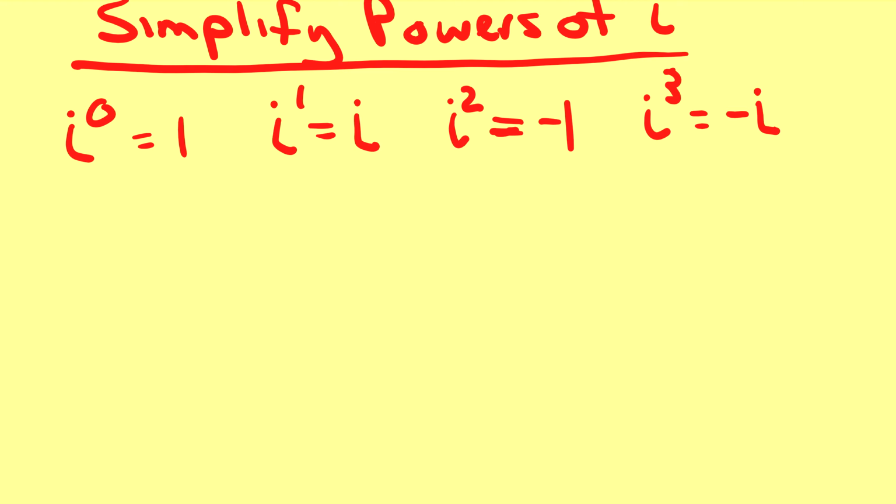Now, i to the third, how do I come up with negative i? I can break it down to be i times i squared. That's i to the third. i squared equals negative 1, and i is i, so i times negative 1 equals negative i.